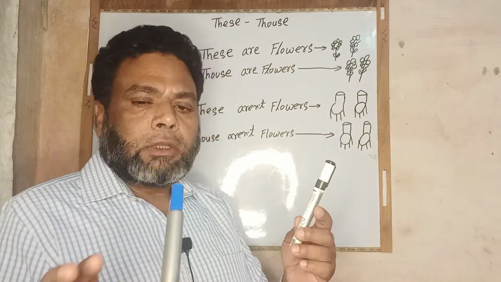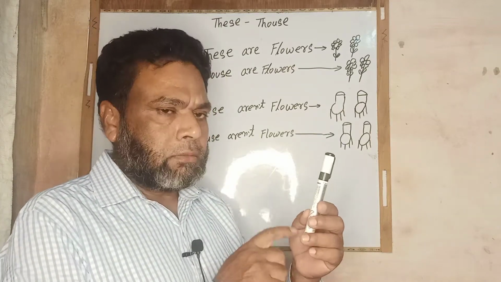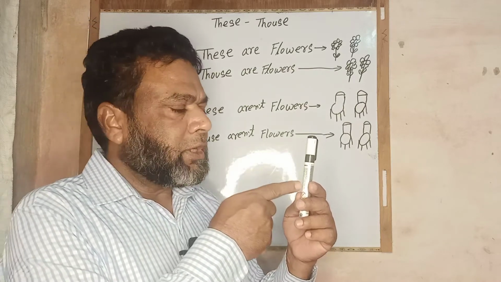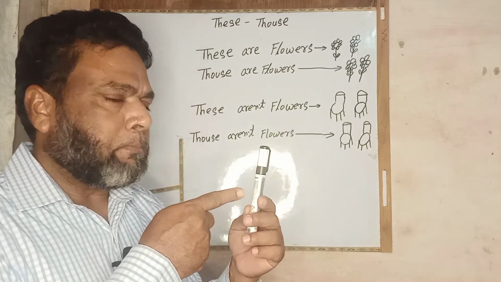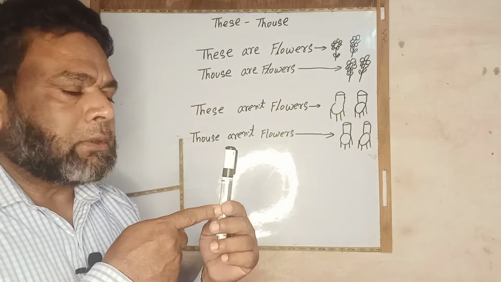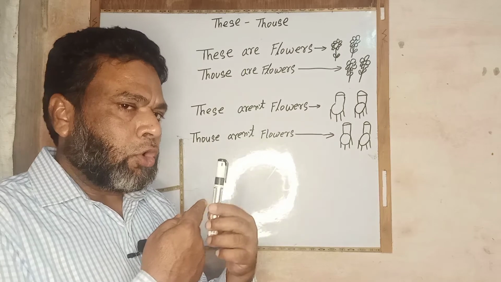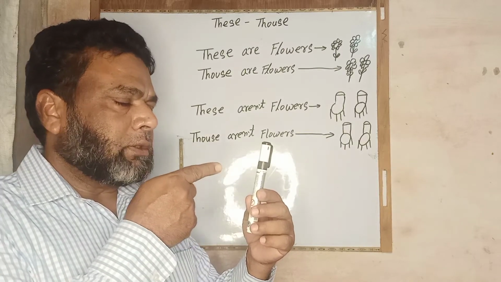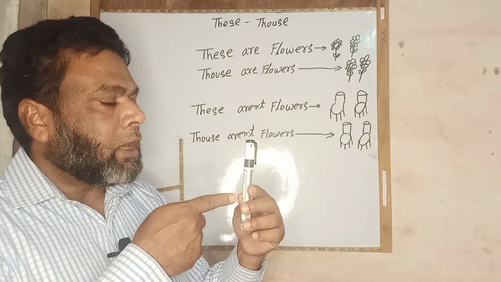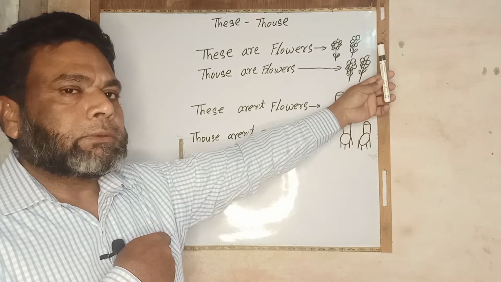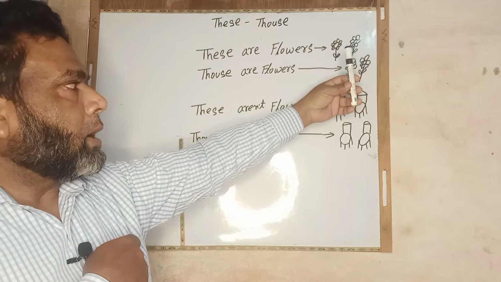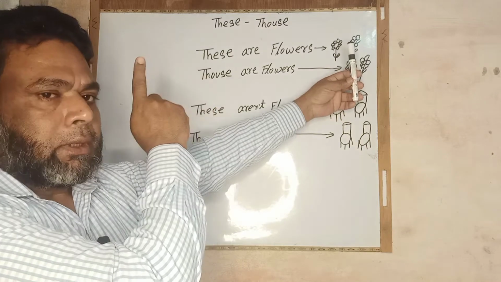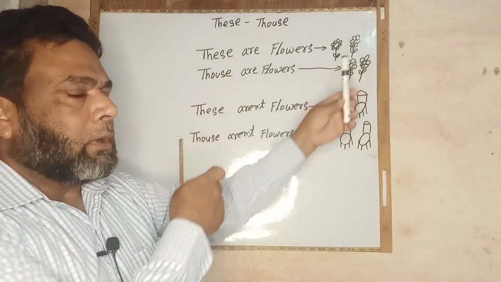Same thing here. If the thing is singular, only one piece, we can say this is a marker, because the marker is close to me. If far away, I just say that is a marker.